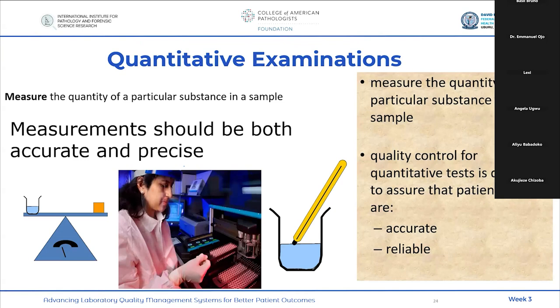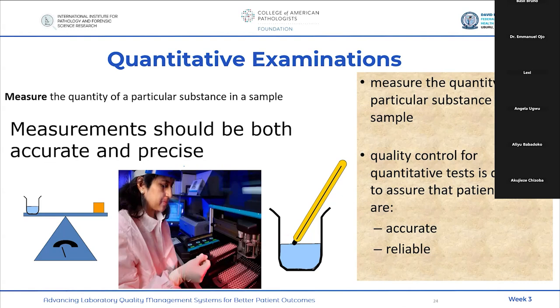So still talking about the different forms of examination, like I said, we'll look at quantitative, semi-quantitative, and the qualitative part. So the quantitative measures the quantity of a particular substance in a sample, the quantity of the analyte in the sample, and the measurements should be both accurate and precise.